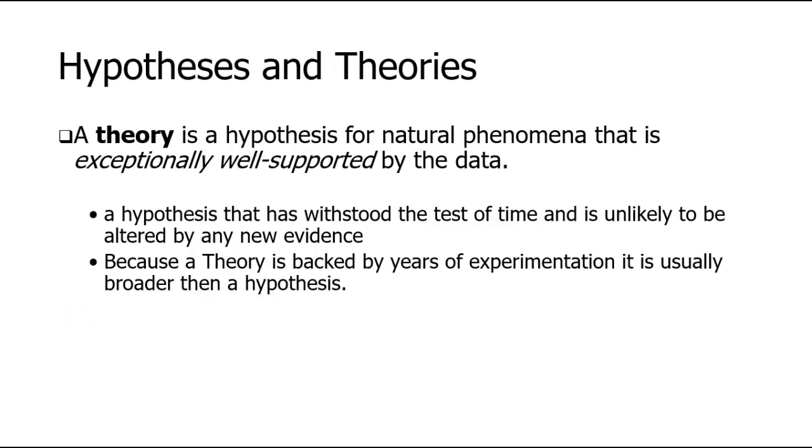data behind it yet. A theory, on the other hand, is something that starts out as a hypothesis, is generally supported by the data, and then as the years go by, the original hypothesis gets bigger and broader and develops into a theory.